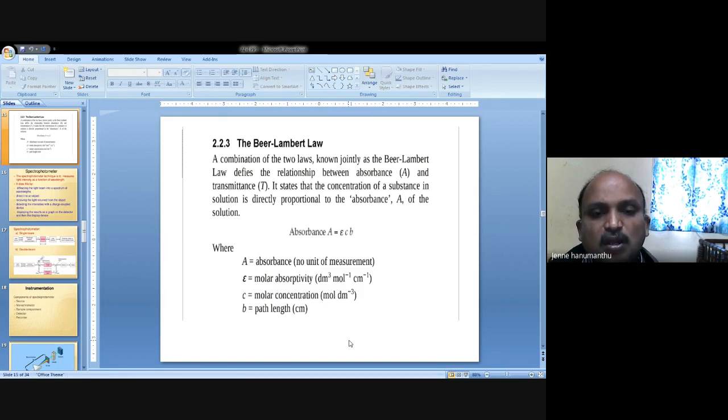Epsilon is the molar absorptivity. A is the absorbance, with no units. C is the molar concentration. B is the path length. So the Beer-Lambert law states that absorbance is proportional to concentration and path length. If the concentration of the solution is high, absorbance is high and maximum light is absorbed. If the path length is high, that is the geometric shape of the container and thickness of the solution, absorption is high. That's the meaning of this.